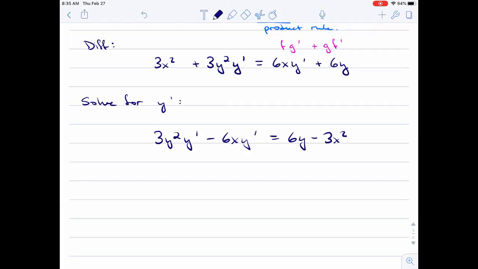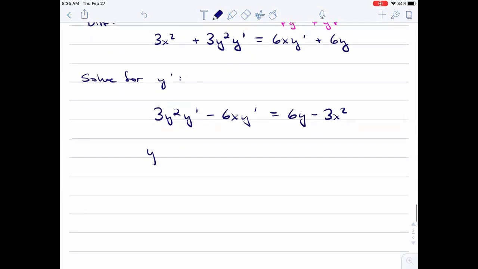Pulling out a common y prime, I get y prime times 3y squared minus 6x is 6y minus 3x squared.